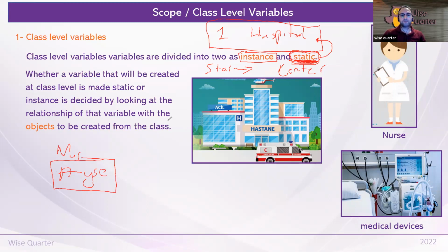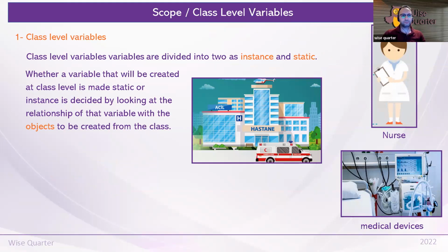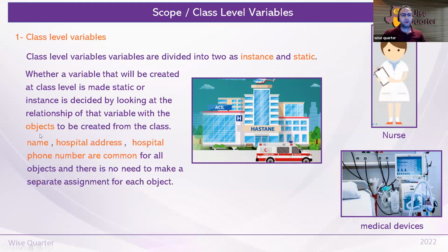So don't worry. If it is the same for everybody, it should be static. For example, hospital name, hospital address, hospital phone number will be the same for everybody. So they should not be instance variables.